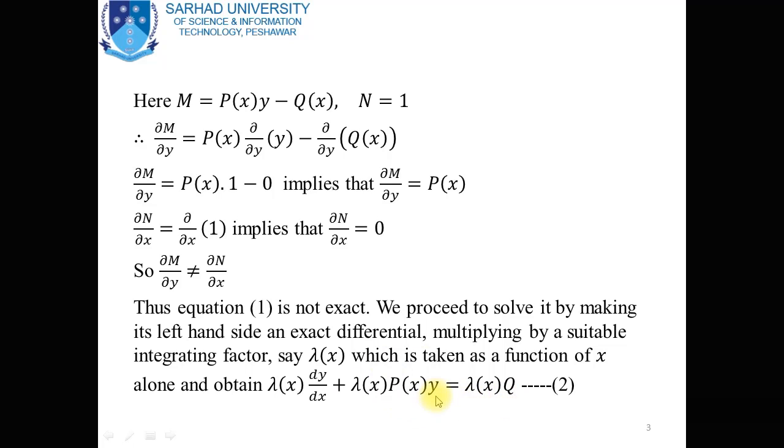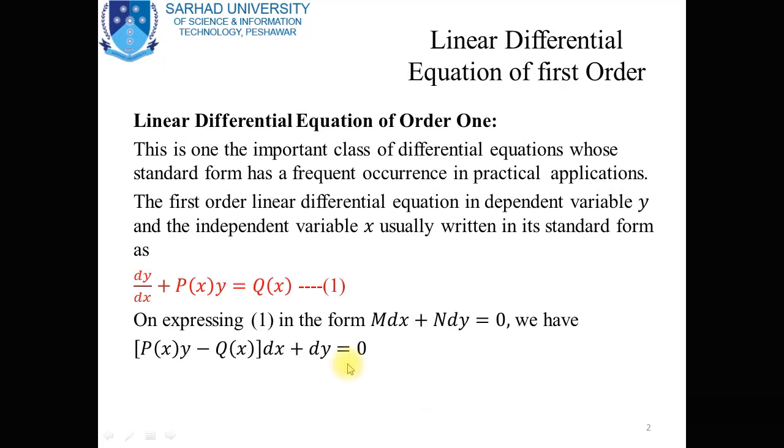This is equation number 2. So dear students, note that the linear differential equation of first order is actually a non-exact differential equation. First of all, we have to find an integrating factor, then multiplying the integrating factor to equation number 1, we obtain an exact differential equation.